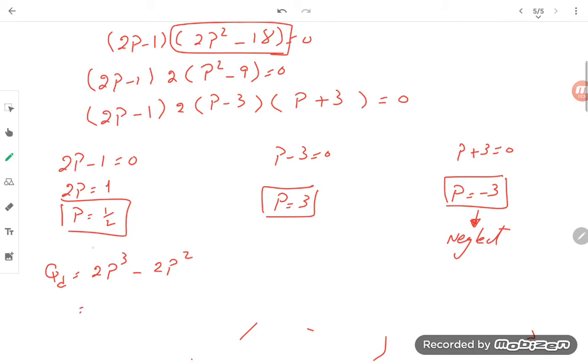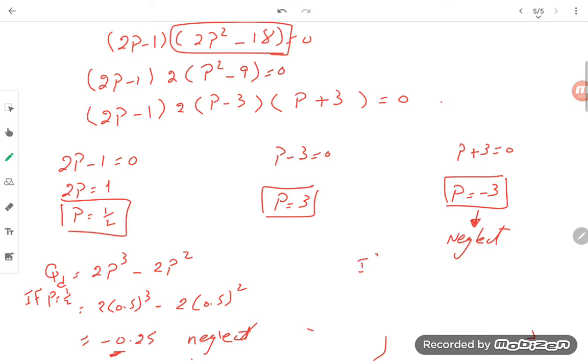So in the first case, if price equals half, it will be 2 multiplied by half to the power 3 minus 2 multiplied by half to the power 2. So the equilibrium quantity in this case will be negative 0.25. So it is a negative quantity, which is not acceptable, so we are going to neglect this answer.